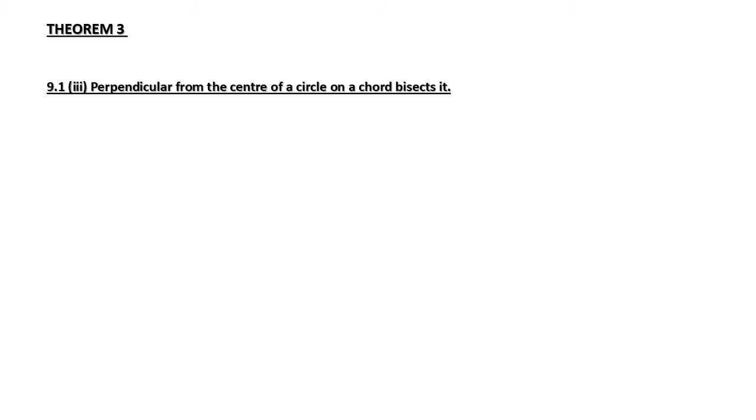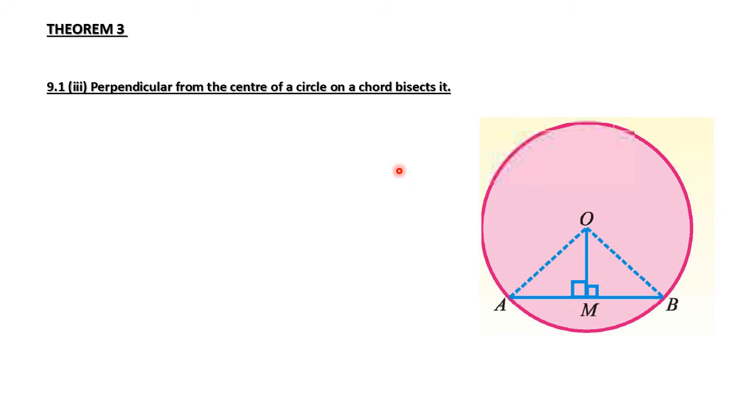Students, we are going to learn theorem number 3. Here I am going to read the statement of theorem number 3. Perpendicular from the center of a circle on a chord bisects it. Now, it is given in the statement that AB is a chord of the circle with center O, and OM is perpendicular on chord AB.